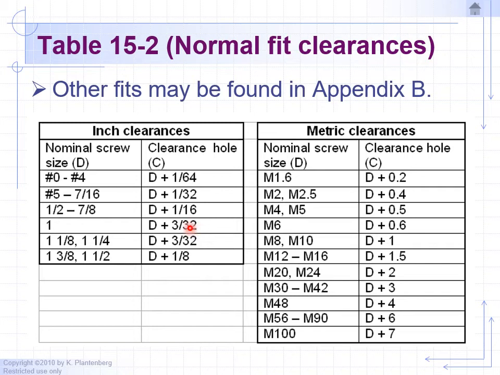So that hole will be larger than the diameter of the bolt. If we're dealing with the 1/2 inch diameter bolt up to a 7/8, we're going to go with 1/16. So for a 1/2 inch diameter bolt, the clearance hole, just add 1/16. So that'll give us 9/16. It's just 8/16, which equals 1/2, plus 1/16 will give us a 9/16 clearance hole.